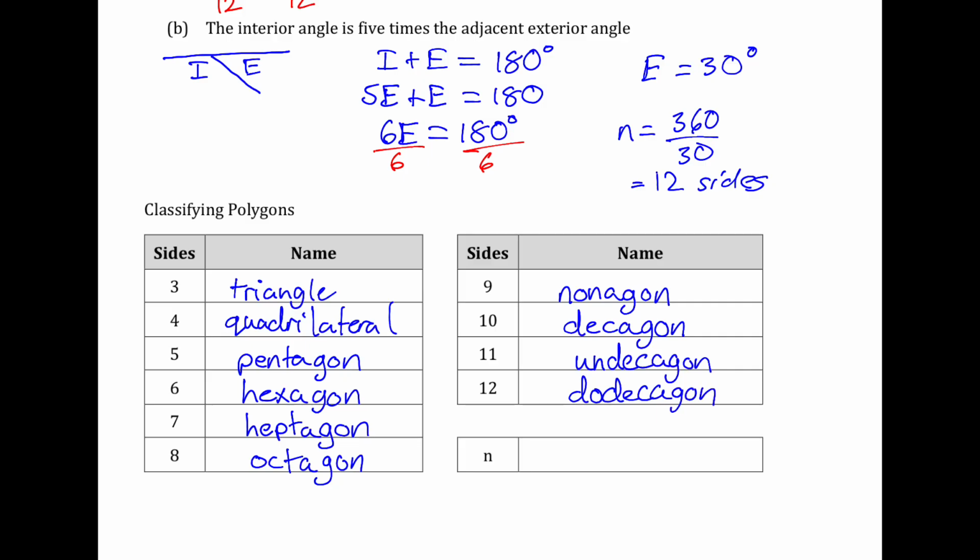I don't want to go past those. Names for those do exist, but 12 is plenty. And N is very boringly, they just call it N-gon. So if it's a blank shape, they'll call it an N-gon, especially in a problem where I'm asking you to find out how many sides it has. This gon means it's a polygon, so I know what else is going to happen in it.